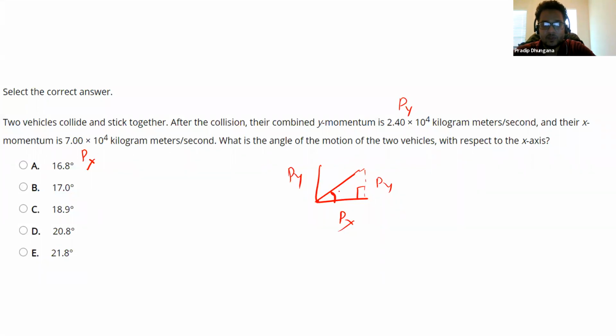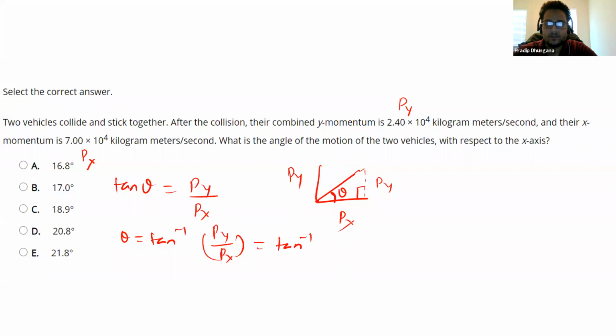You can use tan of the angle with adjacent and opposite, so tan of theta is equal to opposite, Py, over adjacent, Px. To calculate the angle, you take tan inverse of Py over Px.